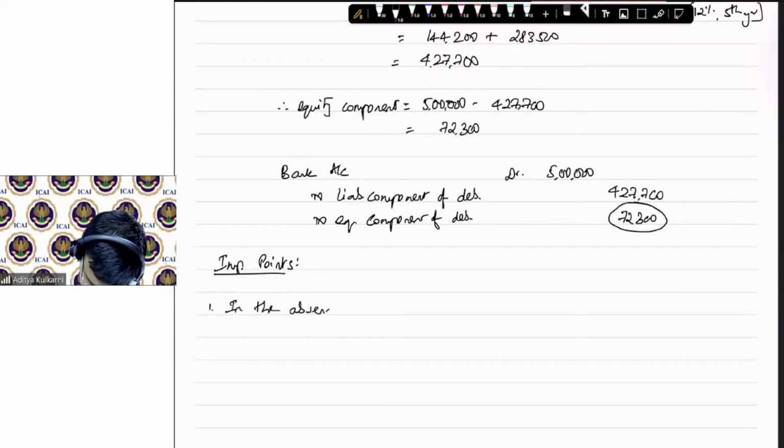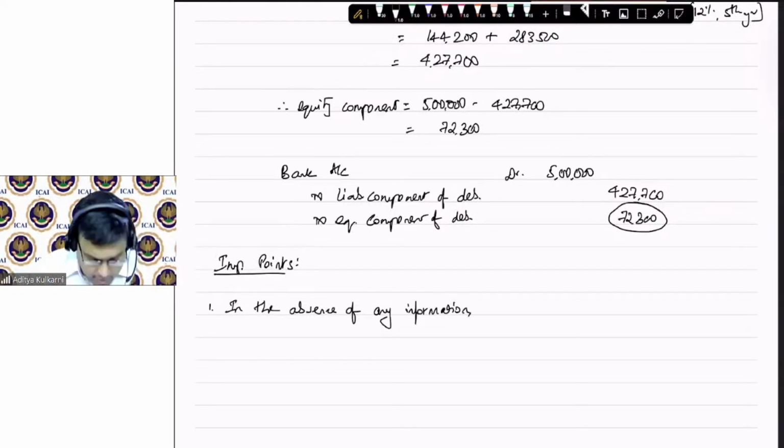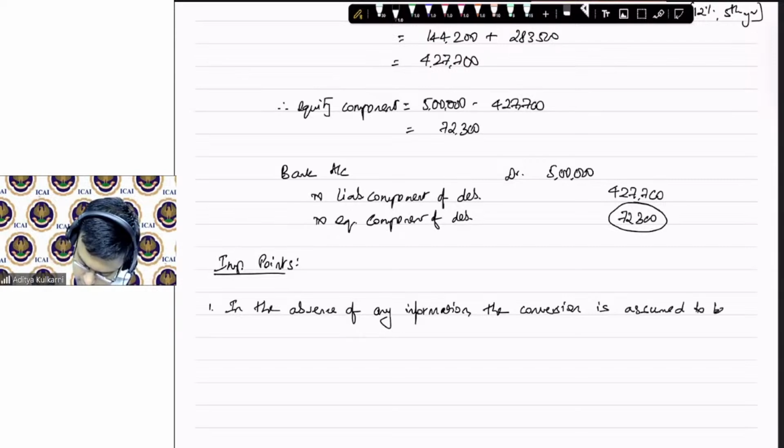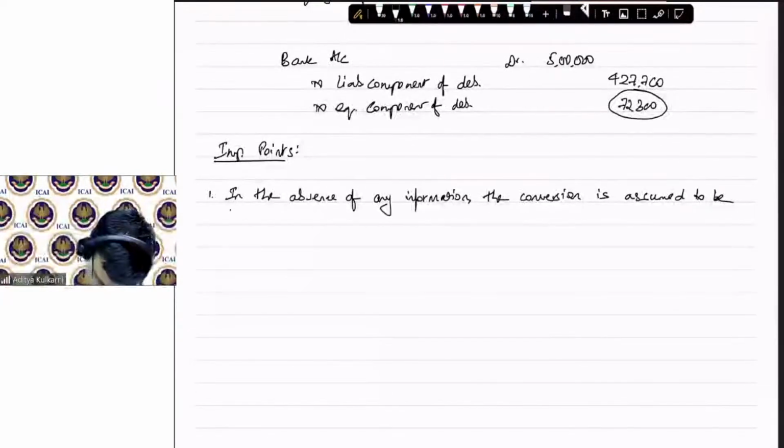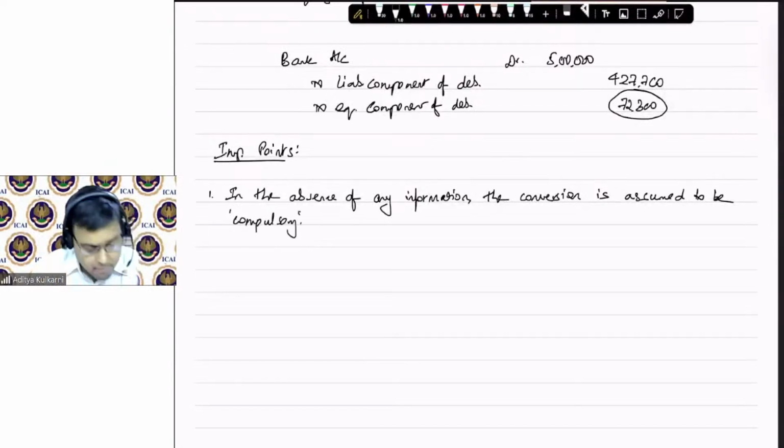In the absence of any information, the conversion is assumed to be compulsory.